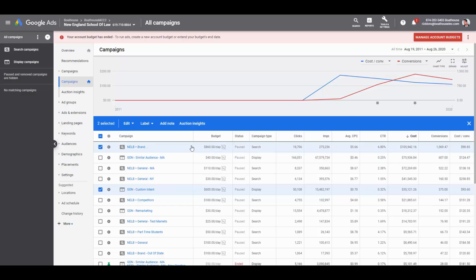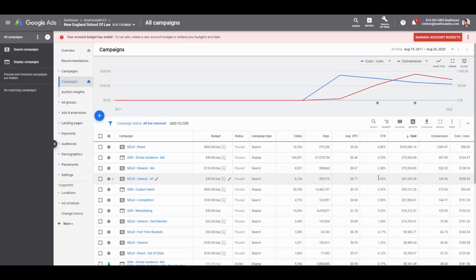The reason the brand campaign CPL here is a little higher is because this is a law school and their brand name is also a term that people would bid on. So in this particular scenario, their brand term is also competitive. But as you can see, GDN can also drive a lot of conversions, aside from brand, doing a lot better than search.